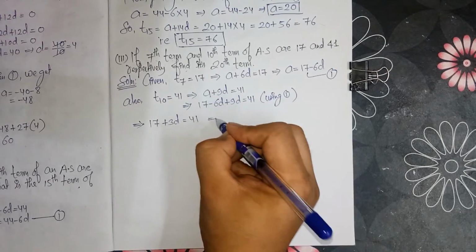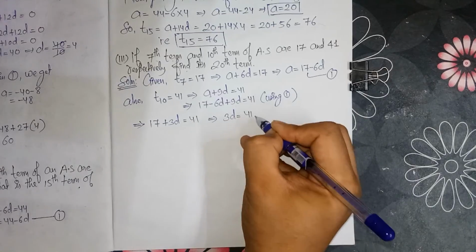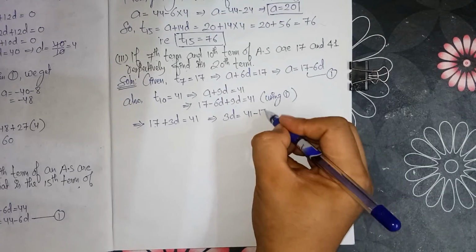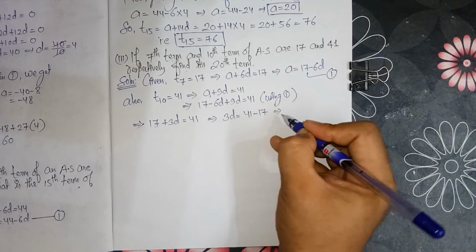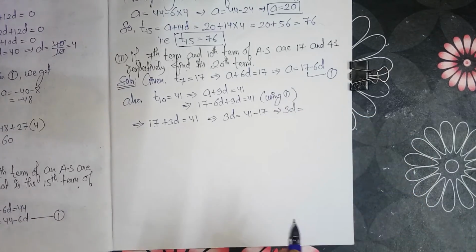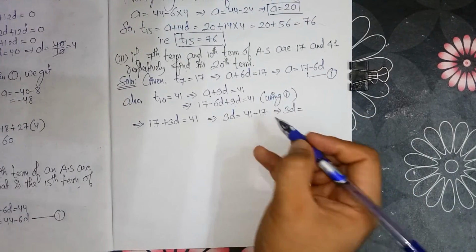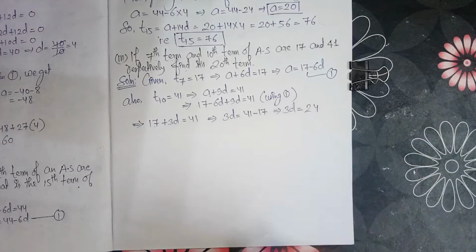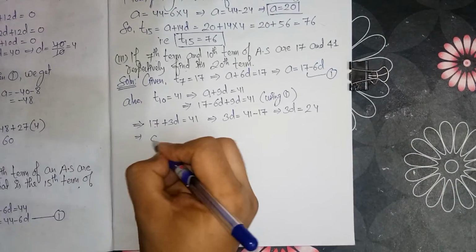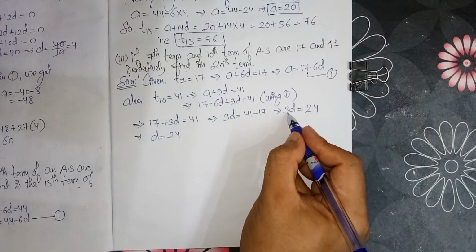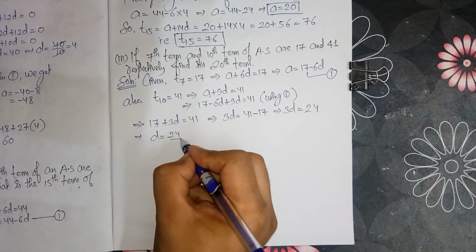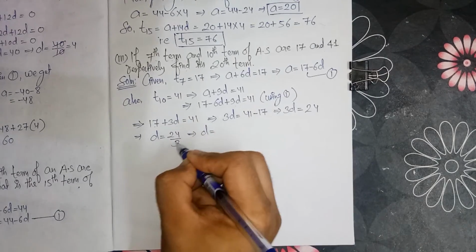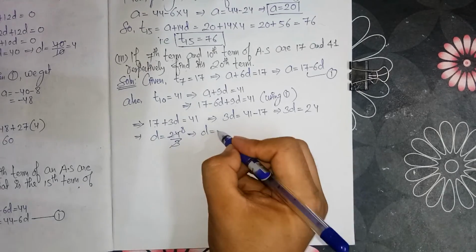Now 3d equals 41 minus 17, because when 17 is transferred to the right hand side it becomes negative. 41 minus 17 is 24, so 3d equals 24. When 3 is transferred to the right hand side, it divides the 24, so d equals 24 divided by 3, which is 8. So d is equal to 8.